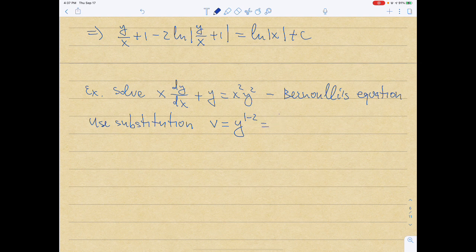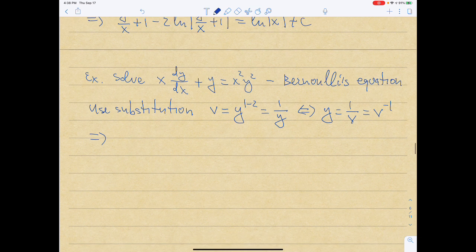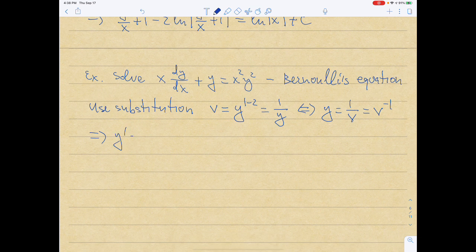So v is 1 over y. Saying that is the same thing as saying y is 1 over v, or v to the negative 1. And if y is v to the negative 1, then y prime is going to be minus v to the minus 2 times v prime.